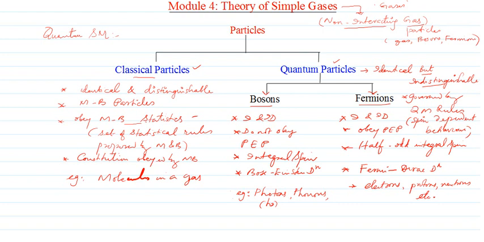In the discussions that we are going to do in coming lectures, we will be developing the necessary theory for each of the three categories differently. We'll be developing a theory for classical particles, known as the Maxwell-Boltzmann distribution. We'll be developing a theory for quantum particles separately for bosons and fermions.